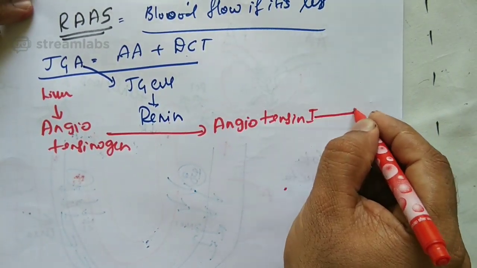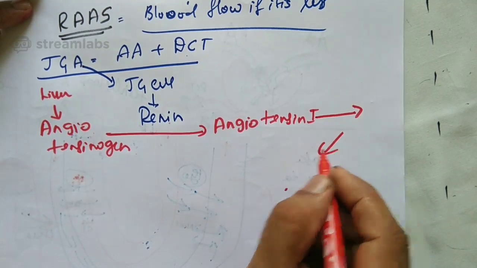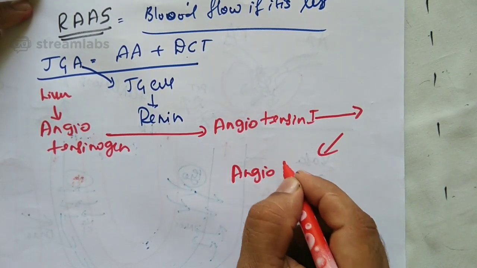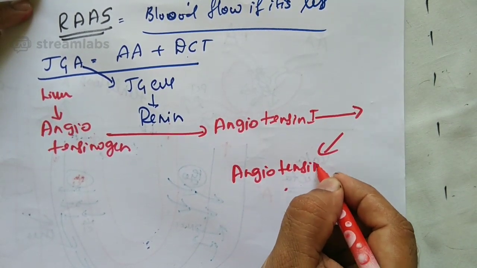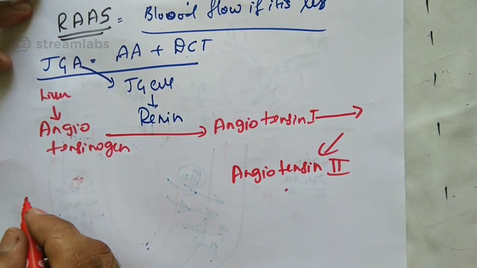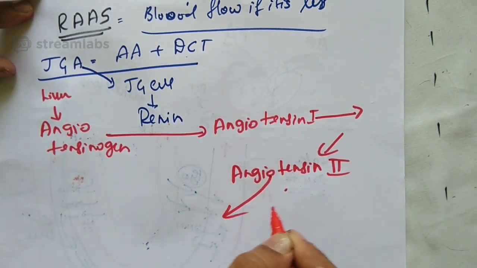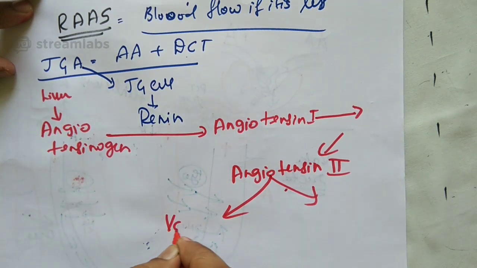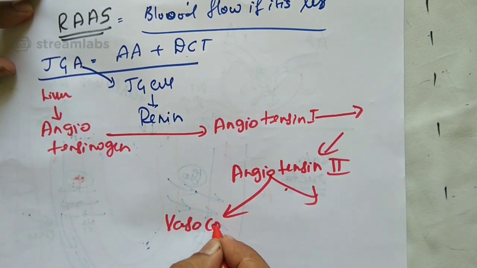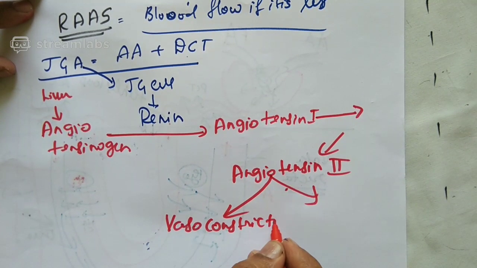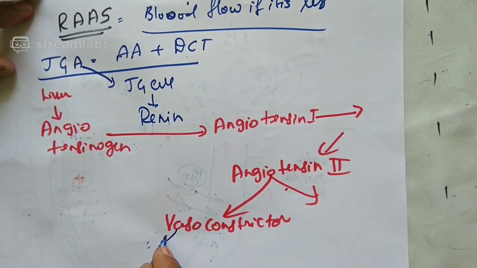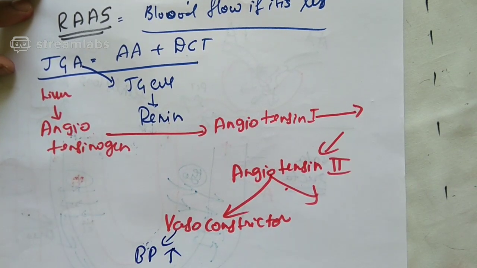And angiotensin 1 becomes angiotensin 2. Good, have you understood? And angiotensin 2 will act as a vasoconstrictor, so the blood pressure becomes more.